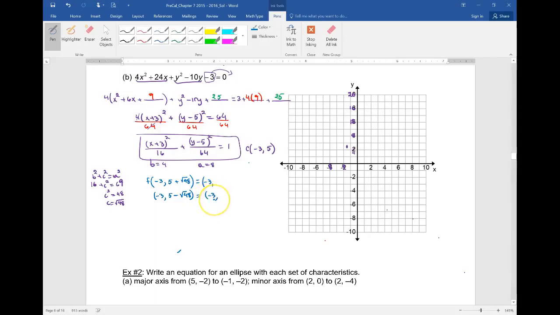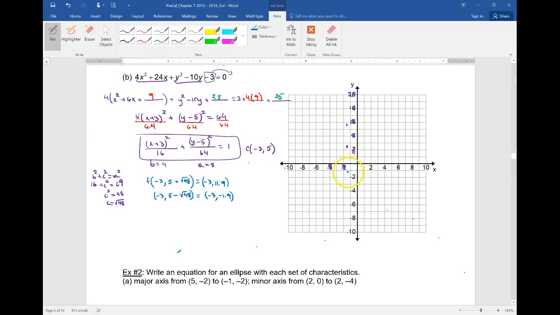So how much are those? 11.9. And I'm doing this one. You guys are going to do the next one. Negative 1.9. So at negative 3 and 11.9, we have a focus.